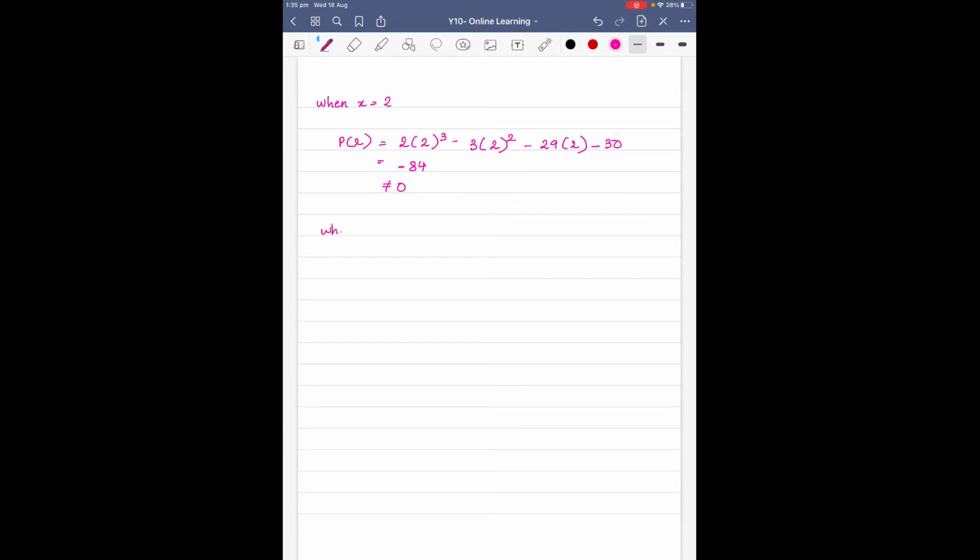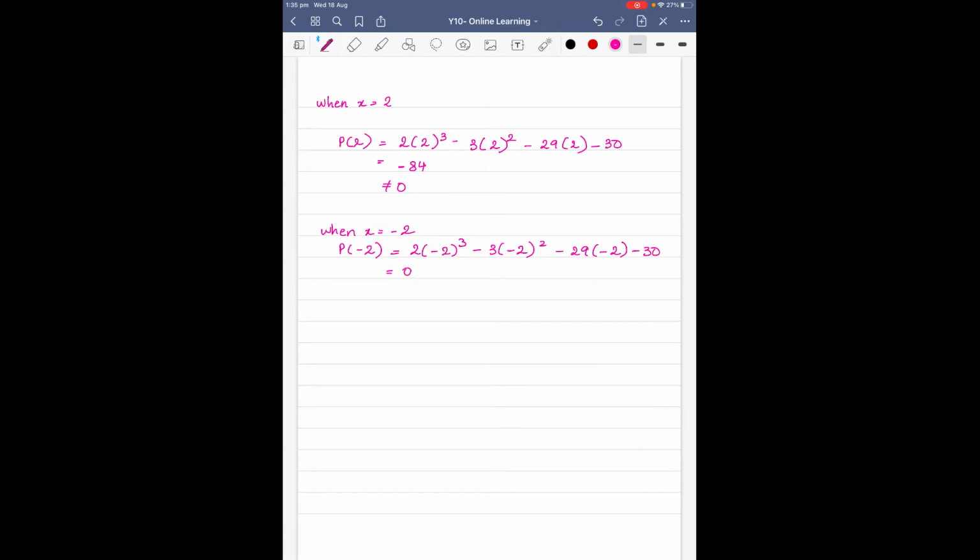Don't give up, guys. When x equals minus 2, we're going to substitute minus 2 in. So 2 times minus 2 cubed minus 3 times minus 2 squared minus 29 times minus 2 minus 30. Pop into your calculator. Hallelujah, guys.